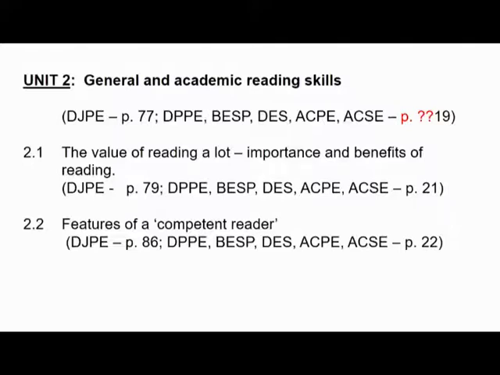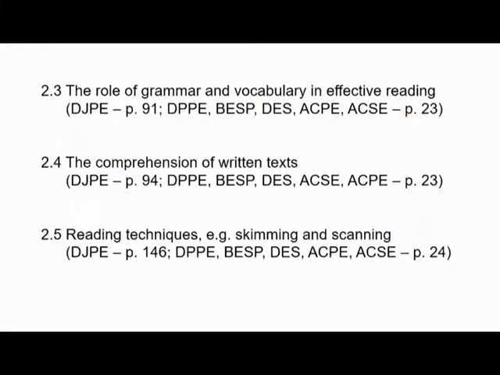I can almost guarantee you that you will get that in some other examination. If it's not next year, then it will be in the year after that, but you will get it. The DJPE students will find theirs on page 79, while the other students will find it on page 21. And the features of a competent reader is also very important. So, DJPE, you will find it on page 86, while the other students will find it on page 22. The next subsection is the role of grammar and vocabulary in effective reading.